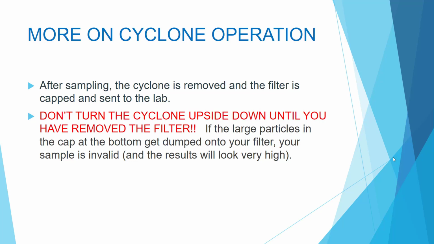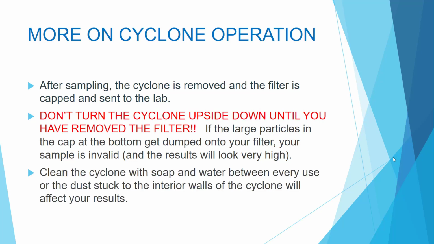If the large particles in the cap at the bottom get dumped onto your filter, your sample is invalid and the results will look very high. Finally, clean the cyclone with soap and water between every use, or the dust stuck to the interior walls of the cyclone will affect your results.